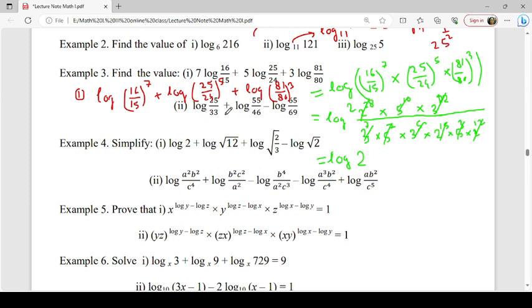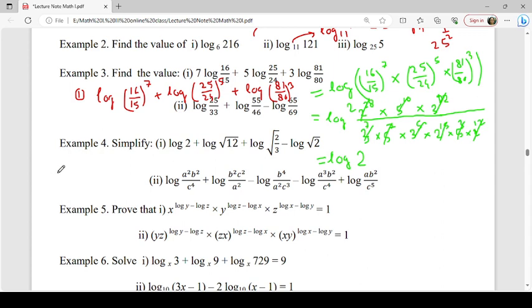This is log of 25 by 33 into 55 by 46, and this is minus, so it is division. So it is 69 by 65. Next one is number 4.